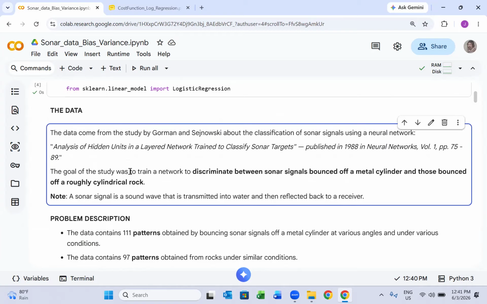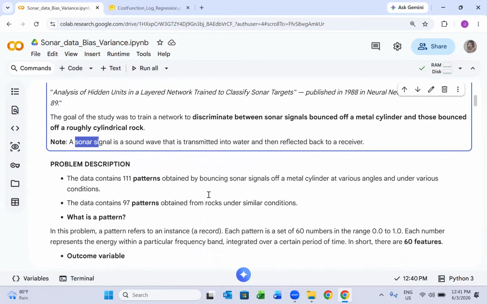Now, the goal of the study was to train a neural network to discriminate between sonar signals bounced off a metal cylinder and those bounced off a roughly cylindrical rock. In case you're wondering, a sonar signal is a sound wave that is transmitted into water and then reflected back to a receiver, all right? That was the goal of the study.